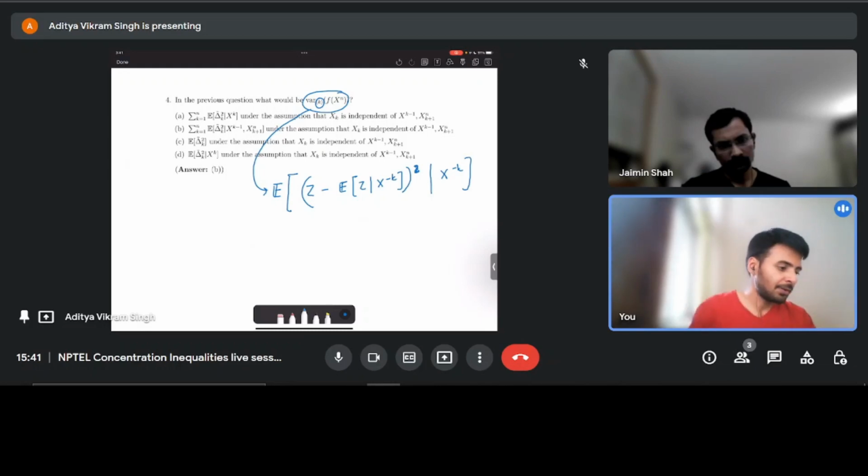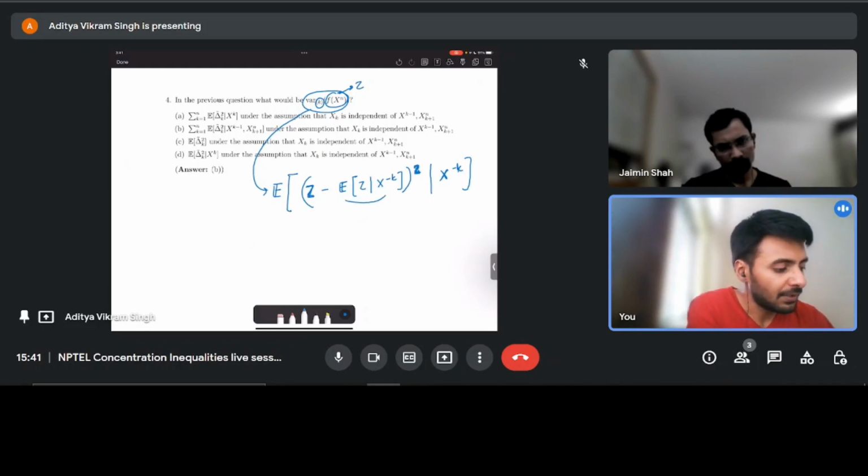If you just write it out completely, you fix everything except the kth quantity, so you have this large overall conditioning, and inside you have z, because you want the variance of f of xn, which is z, minus the conditional expectation with minus k, since we are fixing everything else.